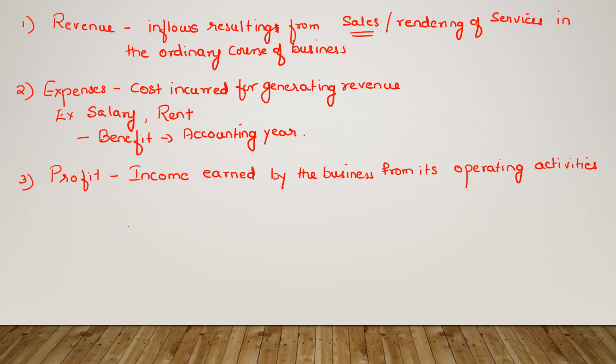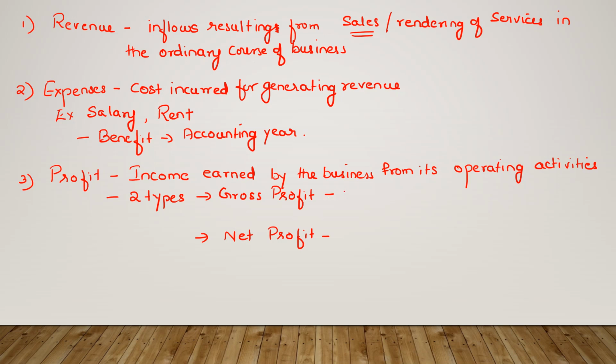Now basically from the revenue, when you remove the expenses that are incurred, you will get profit. Profits are of two types you can find. One is called gross profit, and the other one that you will come across is called net profit. What is gross profit and what is net profit? Now, you'll be learning in later chapters when we learn about preparation of trading and profit and loss account, the distinction would be more clear.